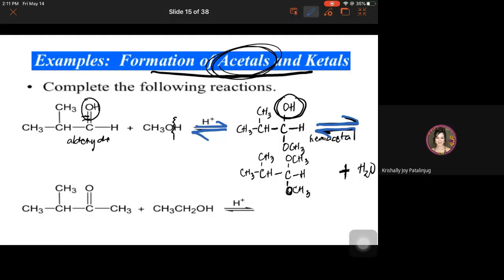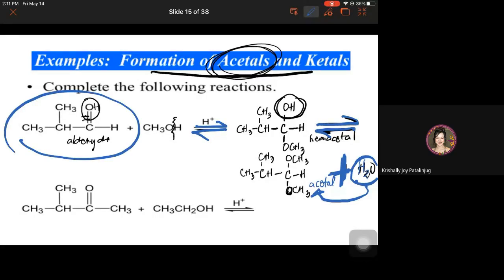The reaction is reversible. Okay? It means that from these final products, the water that formed and the acetal, if we reverse the reaction, we hydrate. We add water to the acetal, and it returns to its original aldehyde, producing excess alcohol. So that is what it means. And later we will see the reverse reaction.